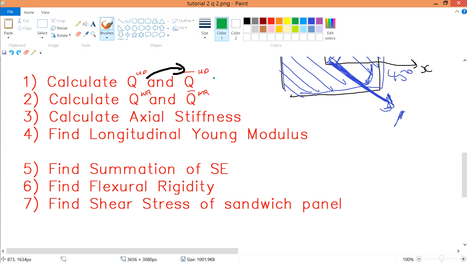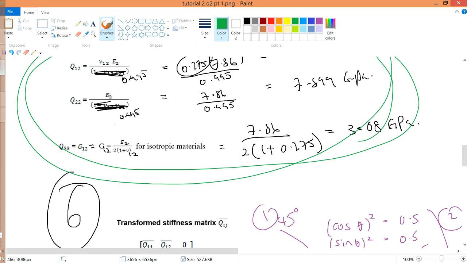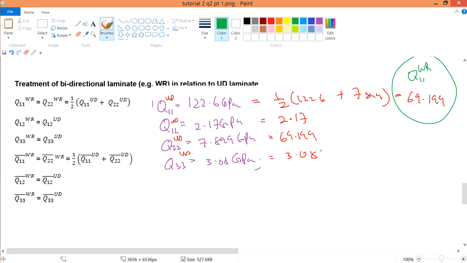This is what we have done in this video. The equation over here is a very powerful equation to convert your UD to WR.